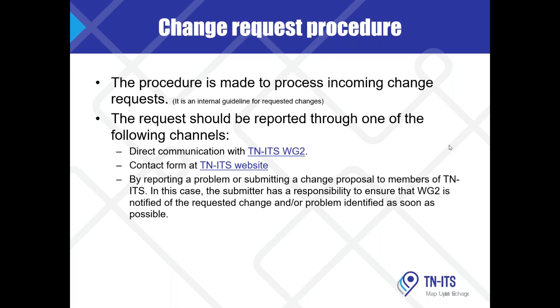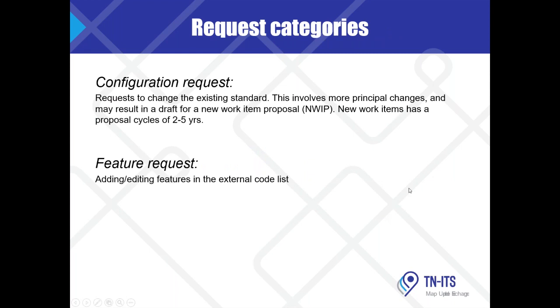So this is something we try to log all the time. If you have some faults or difficulties and requests on the specification, please send it in to us, and we can forward this to the new version of the standard, which is cycled every 2 to 3, 4 years.